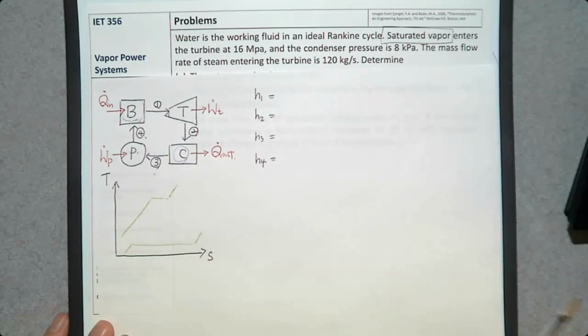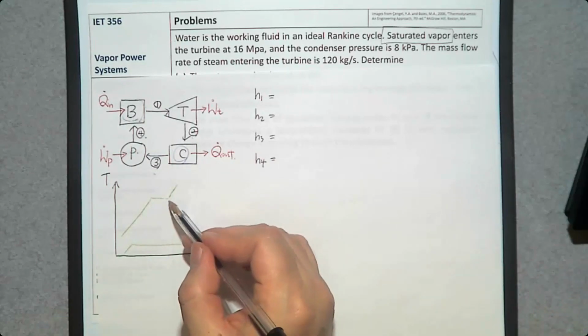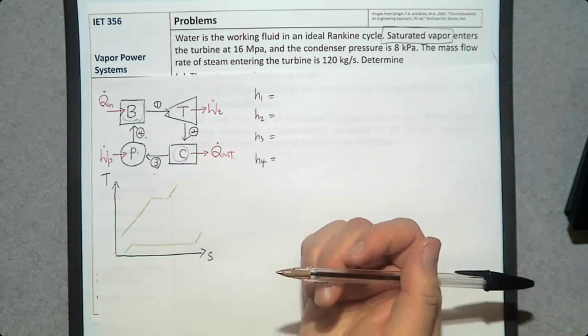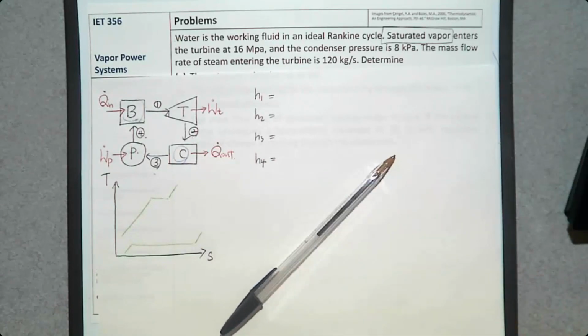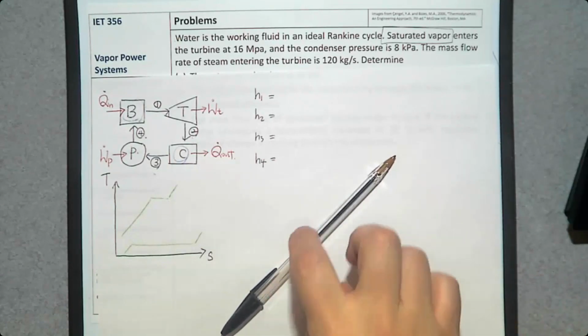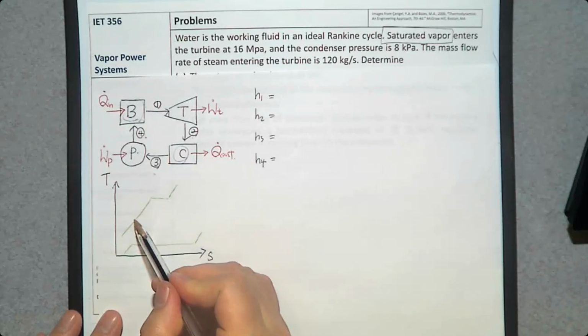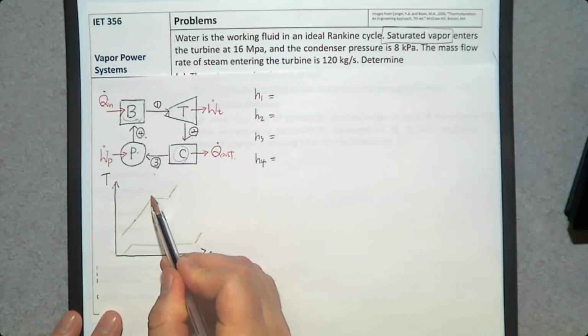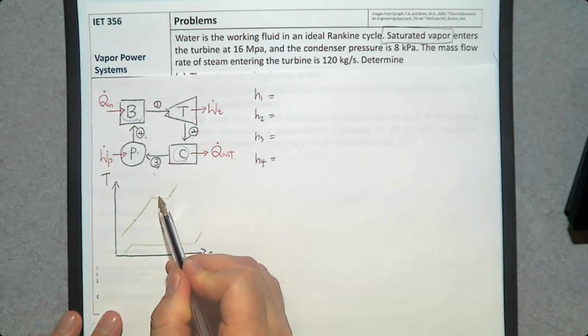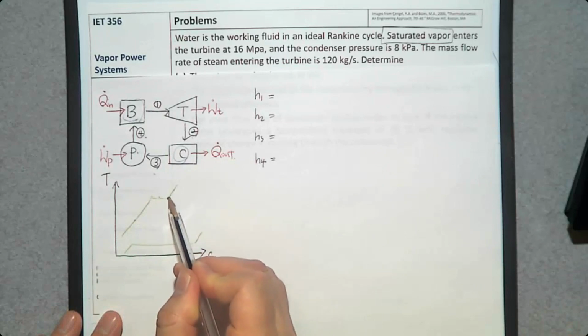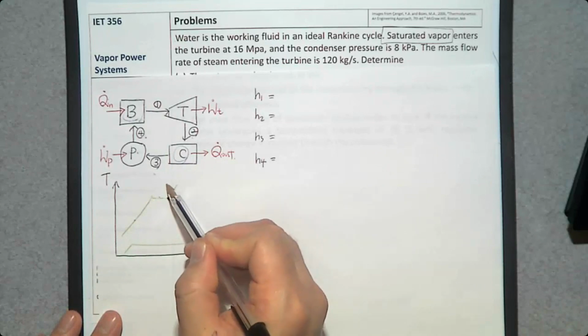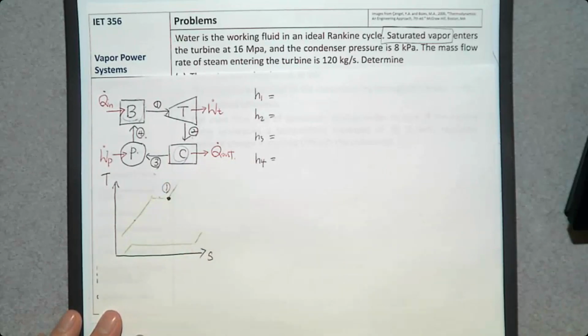And what is the starting point? There is no steam generator, so we don't need to worry about superheat vapor. It's going to be saturated vapor. So where is the saturated vapor? Compressed liquid, saturated liquid, saturated mixture, and saturated vapor right here. That is our starting point, the turbine inlet condition, number one.